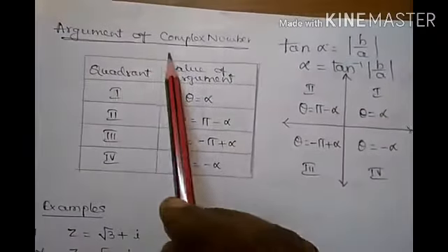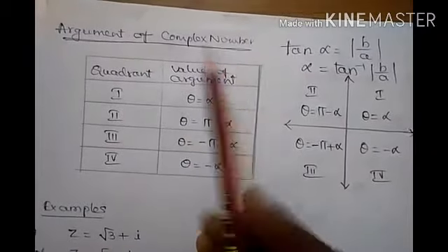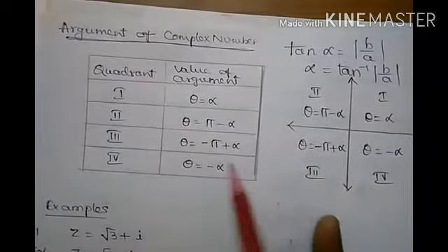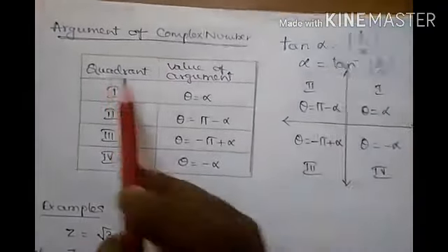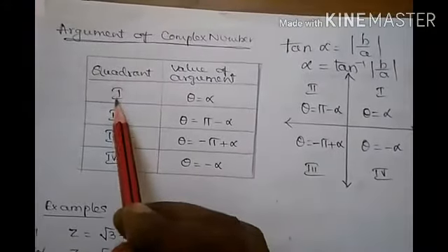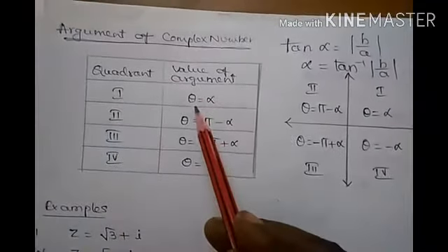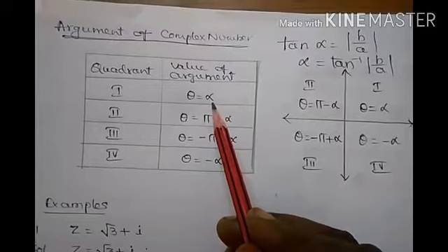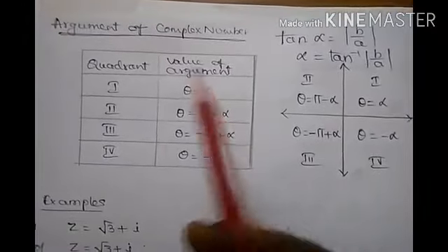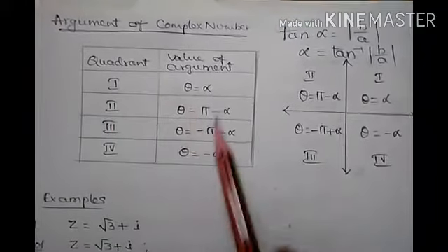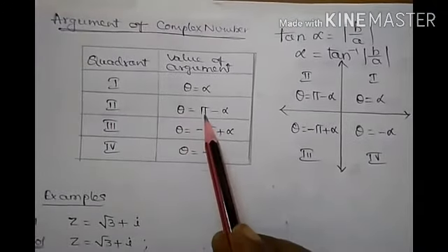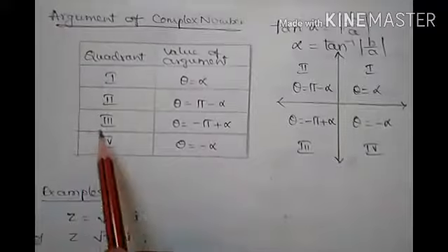To find the argument of any complex number, simply remember this table and the formula for alpha. If the complex number lies in the first quadrant, the argument theta equal to alpha. If it lies in the second quadrant, then theta equal to pi minus alpha.